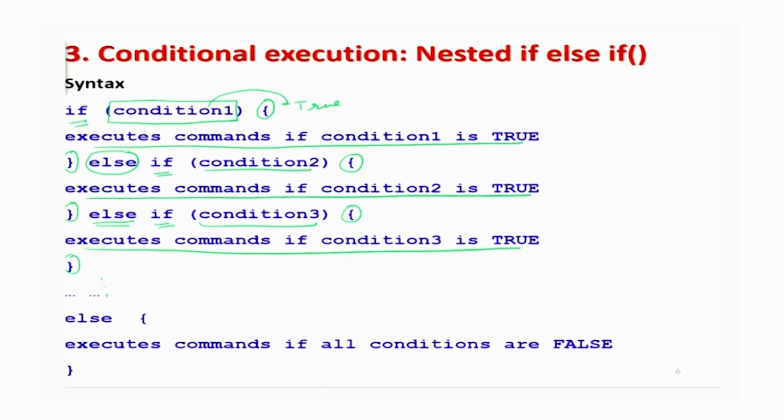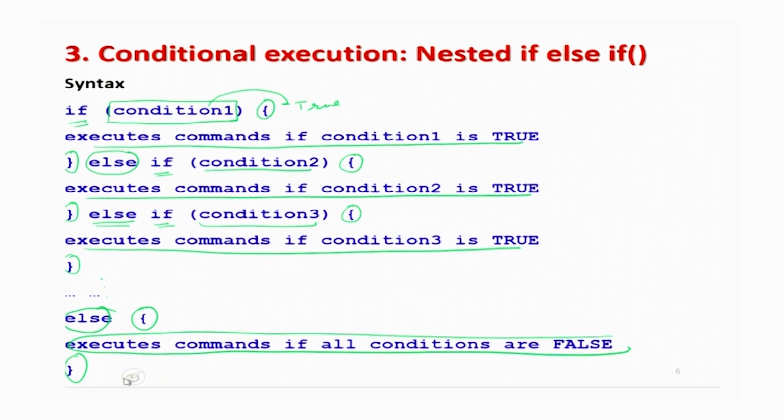Finally you have to write down else, and within the curly brackets whatever is to be executed if all the earlier conditions, like condition 1, condition 2 etc., were not true, right. Whatever you want to execute finally is written here: execute command if all conditions are false.